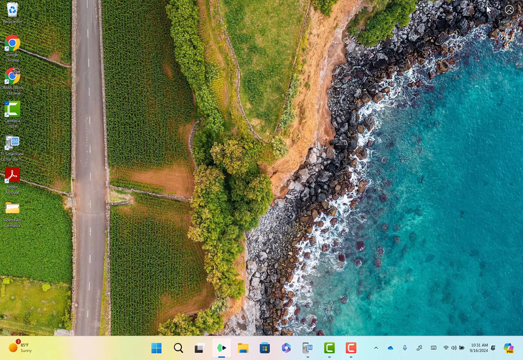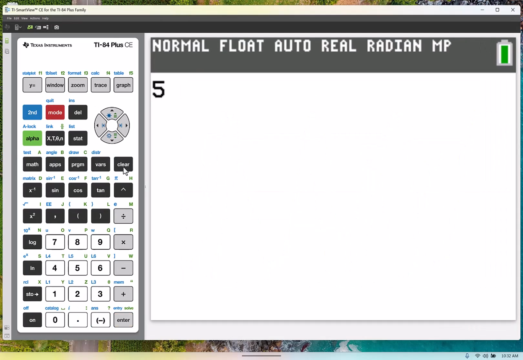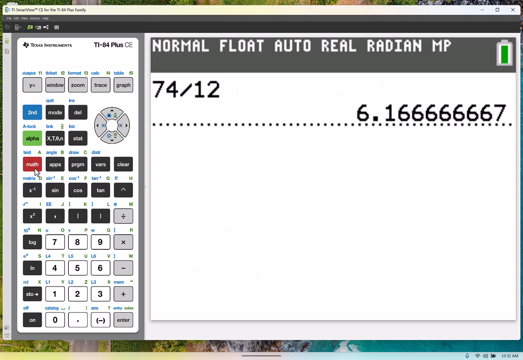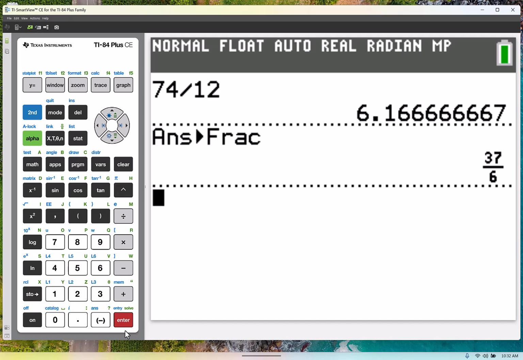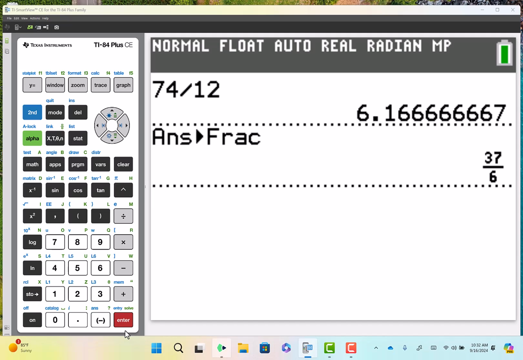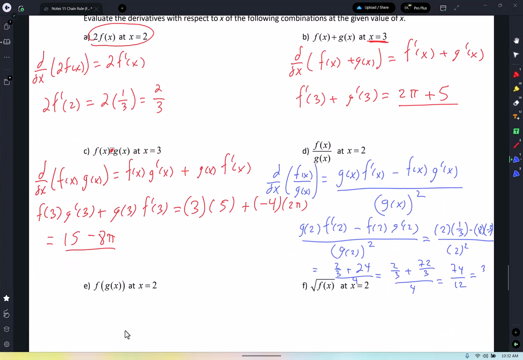I'm not going to type it in my calculator. Or was it 74 over 12? 37 over 6. I guess I could have just thought about it and we could have gotten an answer. Awkward. Okay. All right.